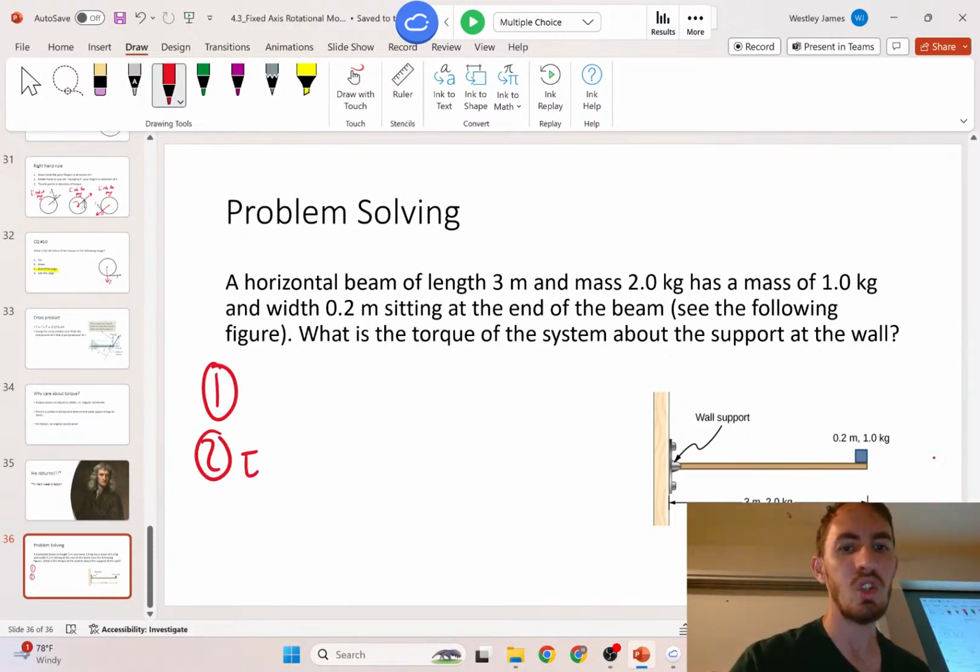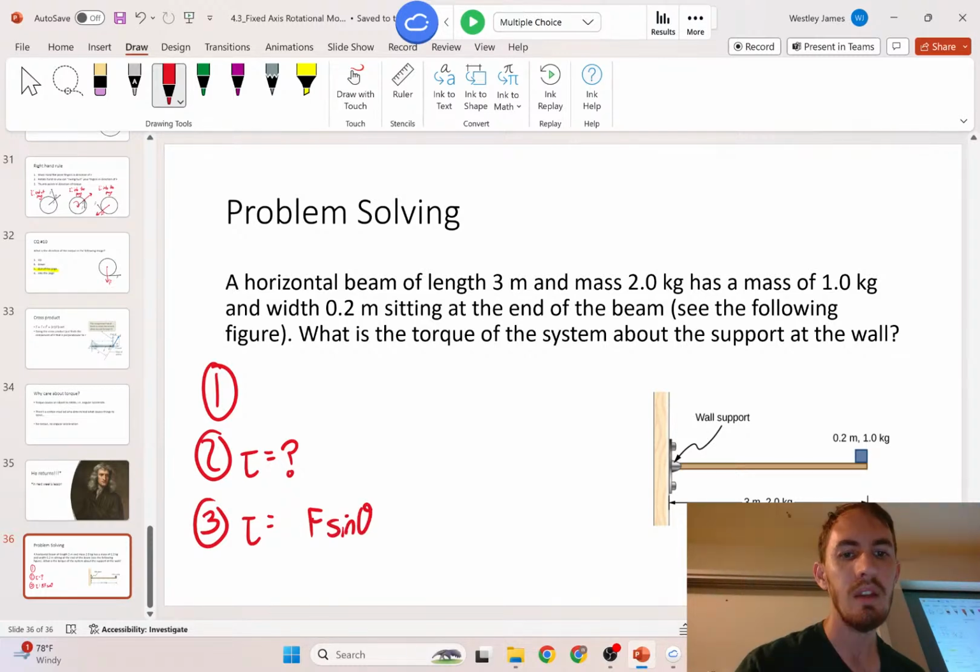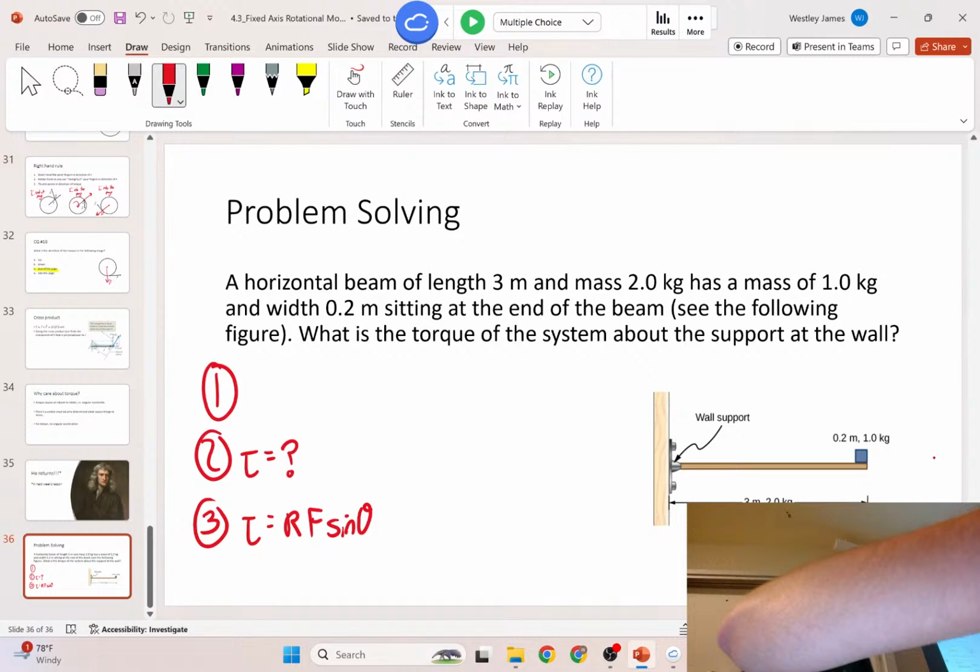Step 2 says I need torque. Torque is R times F times sine of theta. If we look at this equation, we know we're going to find torque. It's the only equation giving you torque. We're definitely going to use it.